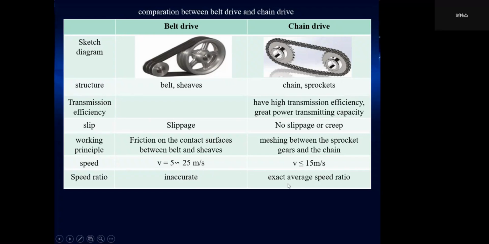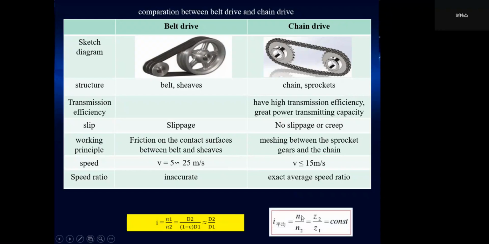For chain drives, the average speed ratio is constant and is determined by n1 over n2, or the ratio of z2 to z1. Z is the number of teeth of the sprocket.